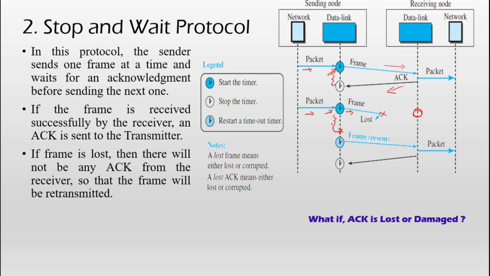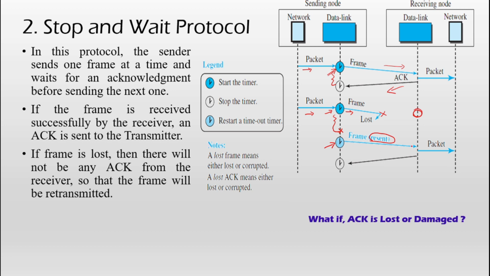Looking from the transmitter side, there will not be any acknowledgement before this timer runs out, so the transmitting node will assume that the frame is lost somewhere, and it will reinitiate the timer and resend the frame once again to the receiver side.